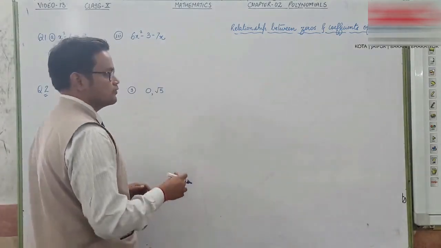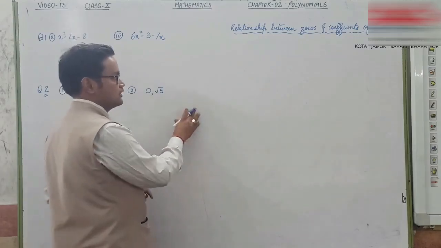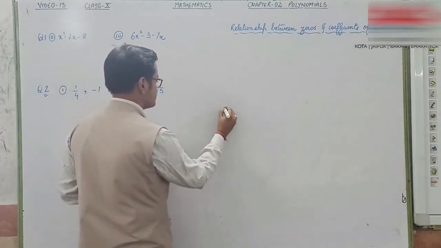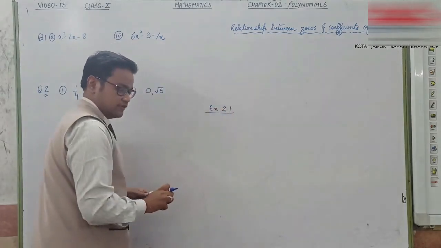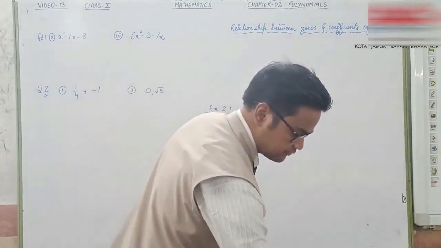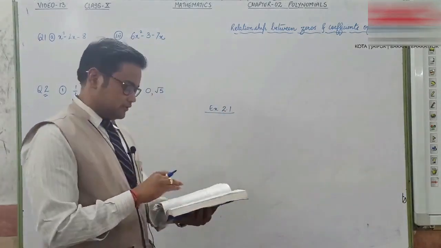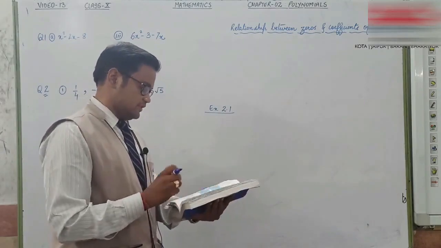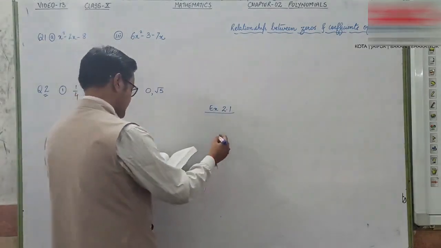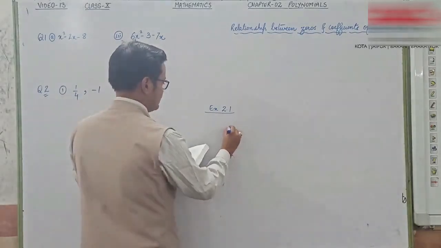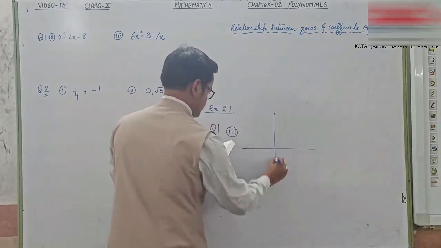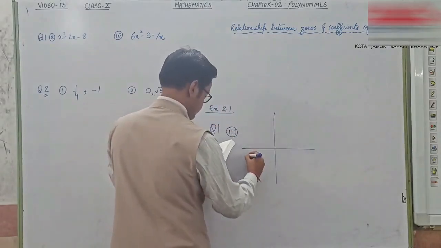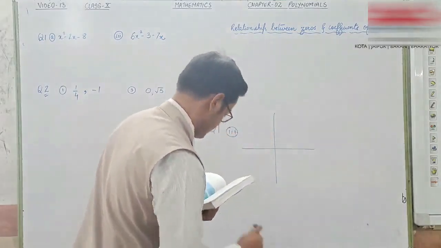So after doing all those things, we will proceed towards exercise number 2.1. In that case, children, you can see there are several graphs drawn in the book. In the first exercise, for example, I am taking graph number 3 of question number 1. This is the x-axis, y-axis, and the graph goes like this.